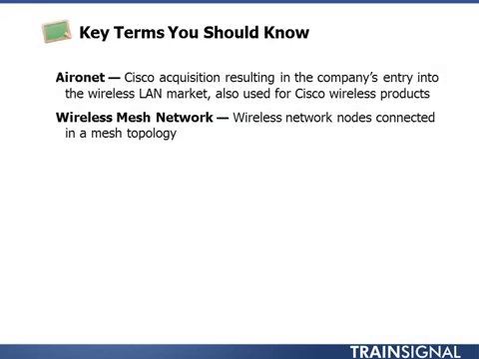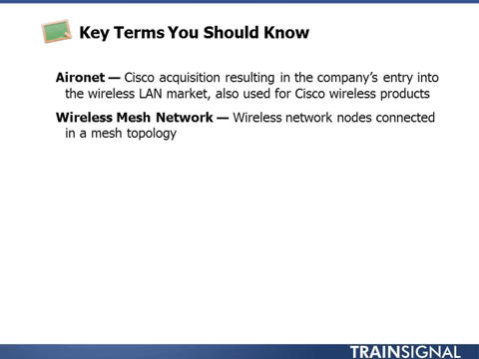So a couple of key terms that you should be familiar with. Airespace. Airespace is a term you often hear related to the Cisco equipment, and it really relates back to a company that Cisco acquired that got them into the wireless LAN market, and so often the evolution of those products is still sometimes referred to as Airespace.